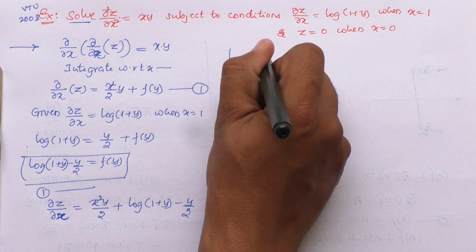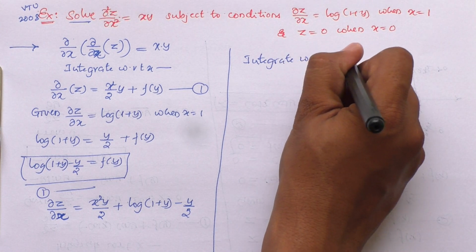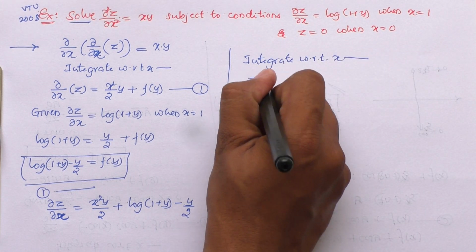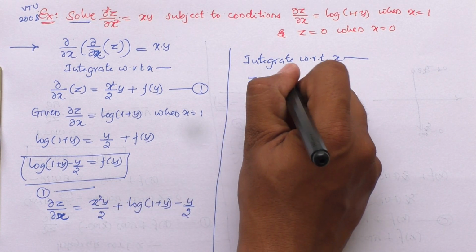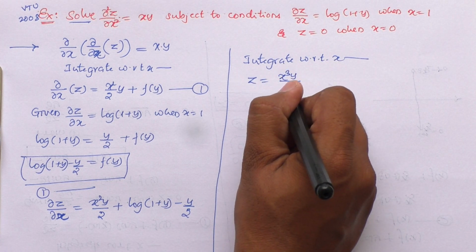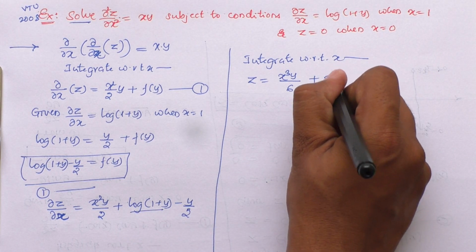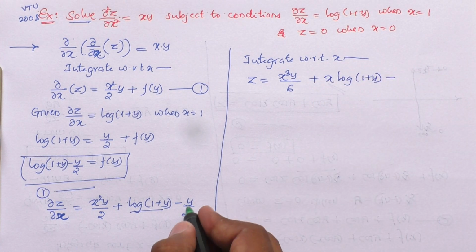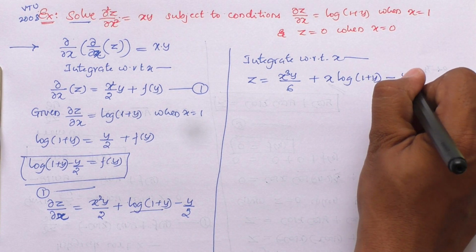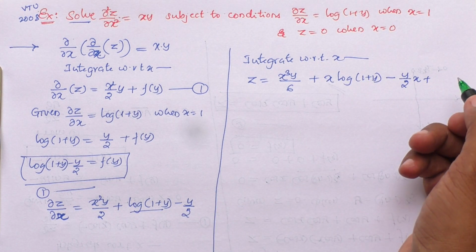Again, integrate with respect to x. If you integrate with respect to x, it will become z. The integral of x square is x cube by 3, so x cube by 3 into 2, that is 6, times y. Then y we treat as constant, so constant into x into log of 1 plus y, minus y by 2, which is also constant, into x, plus an arbitrary constant.